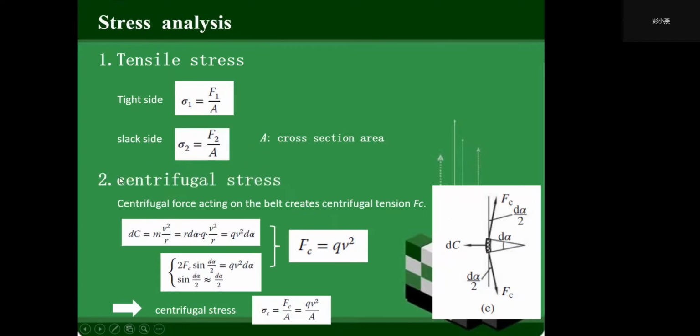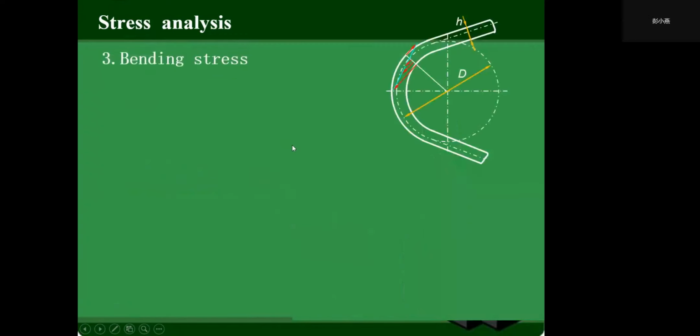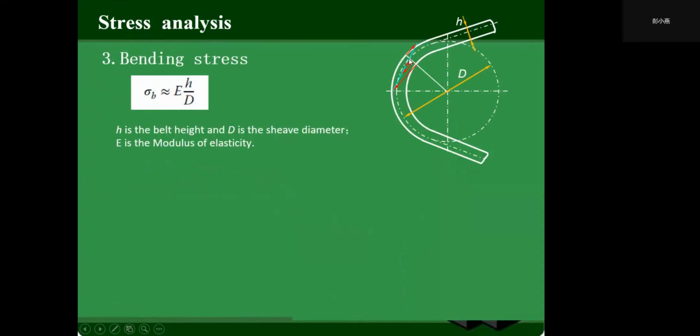And for the centrifugal stress, the centrifugal force acting on the belt creates centrifugal tension Fc, and we also can calculate the centrifugal stress sigma C. Use this to calculate. And for bending stress, we also can calculate sigma B.